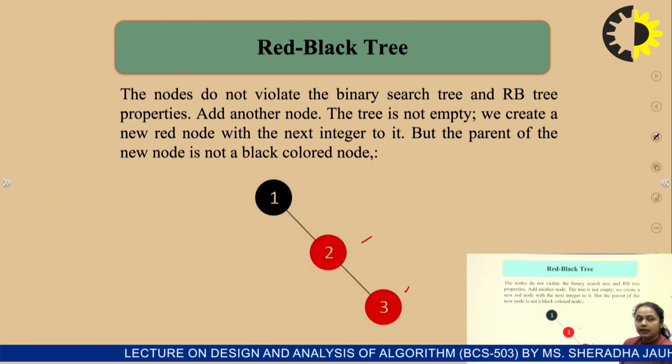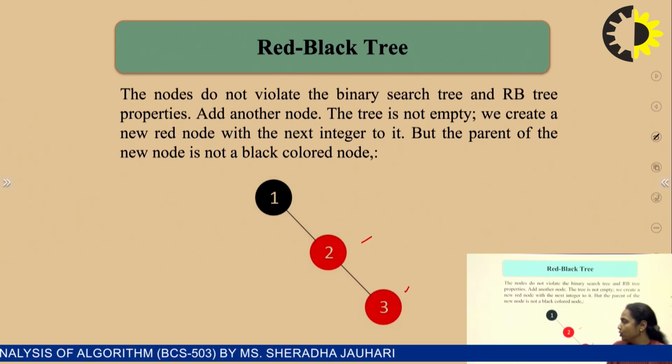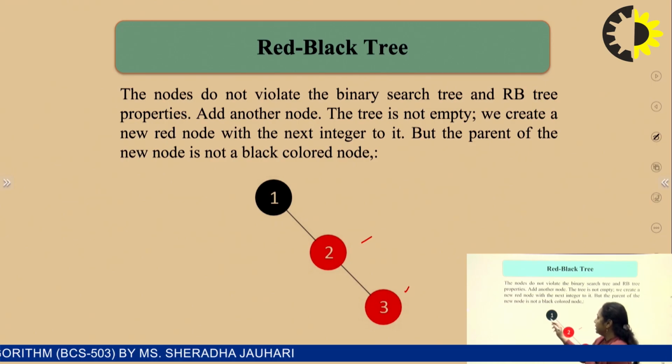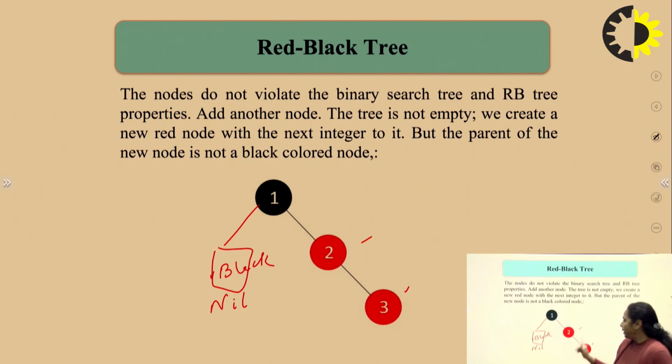And in case number 2, there are 2 sub cases, that is the parent's sibling is black or red. Here we can see that this is a nil node, and nil node is black in color. So the parent's sibling is black in color.